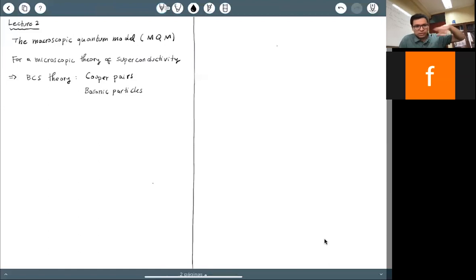So in the ground state, because we have bosonic particles, you can put many particles in a single state, since there is no restriction of the Pauli principle. It means you can describe the condensate with a macroscopic wave function.